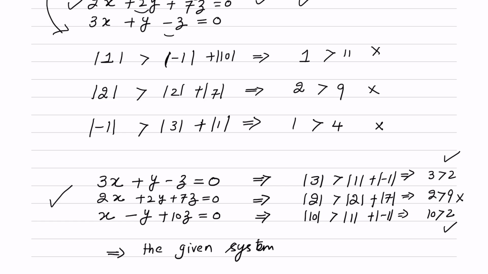So we will simply say that the given system of equations is not diagonally dominant. So this is how we check the diagonal dominance of the given system of equations. This condition of diagonal dominance is important to ensure that the solution of the system of linear equations exists using the iterative methods.